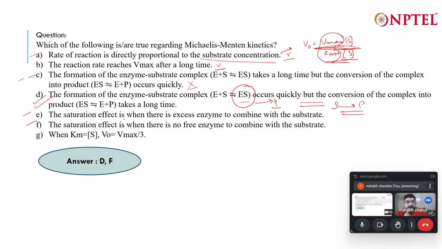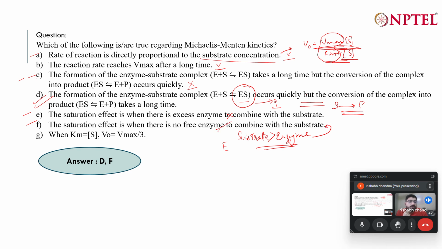The saturation effect is when there is excess enzyme to combine with the substrate. No, the saturation effect is seen when the enzyme molecules that we have are less, that means when the substrate molecules are more. In that case, the saturation effect is seen.